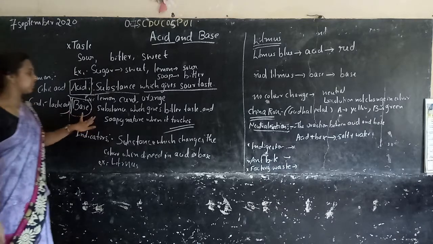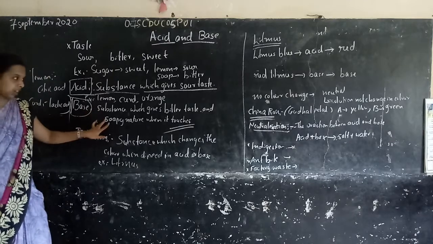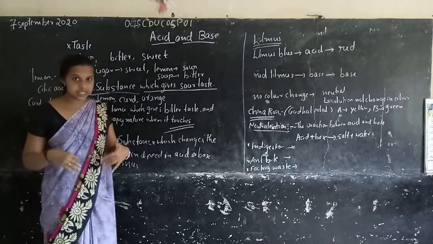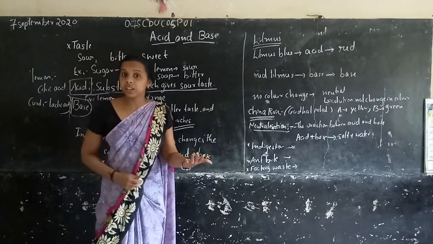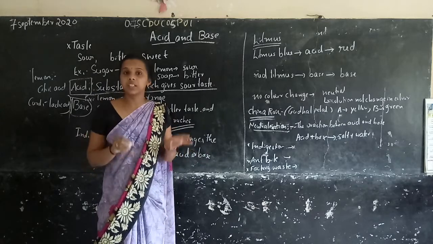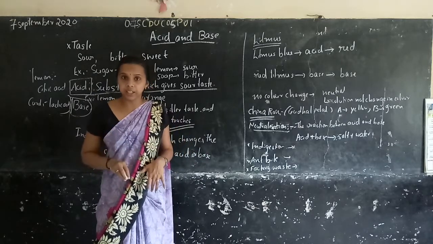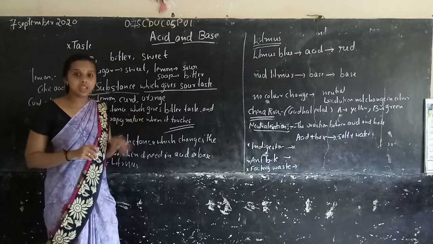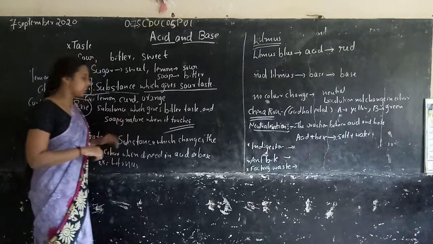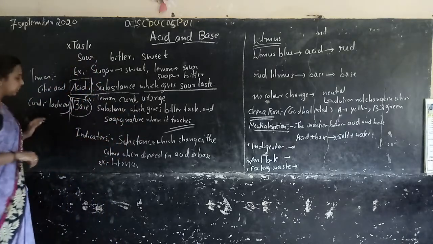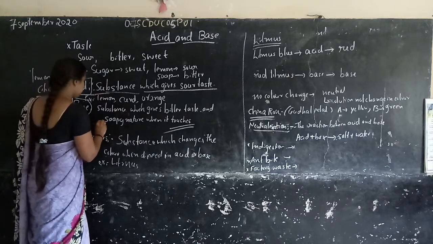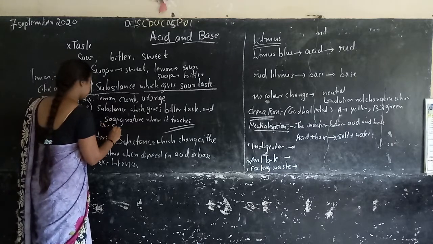So now you know what a base is. The substance which gives a bitter taste and is soapy when we touch it, such a substance is called a base. Can you give an example? The best example is soap.